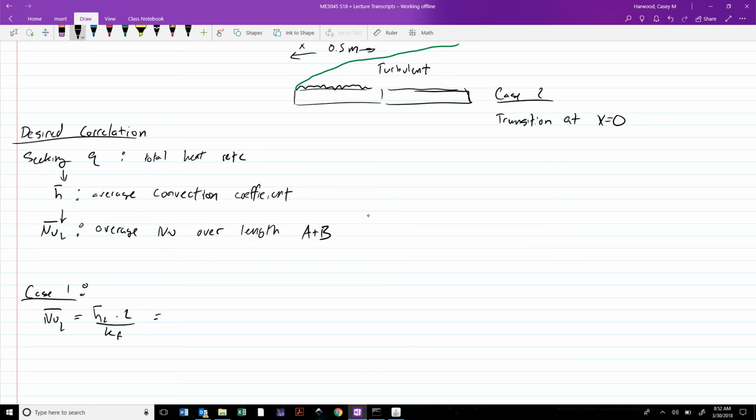It's going to be 0.037 times the Reynolds number based on length to the 4/5 minus 871, times Prandtl number to the 1/3 power.